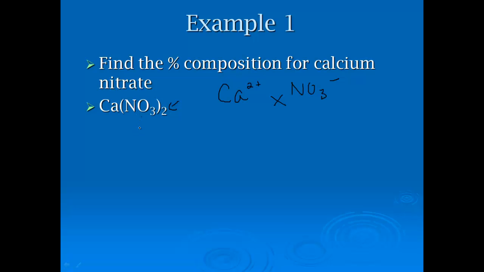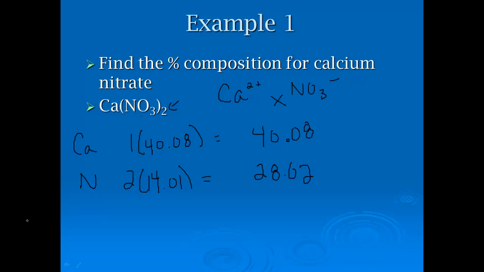Now, we've already done this. I'm going to do this a little bit differently and show a little bit more of my work, and you're going to see why. So for calcium, there's one of them for a total of 40.08. Okay, for the nitrogens, remember we have to distribute, so we're going to have two nitrogens, find it on the periodic table, 14.01, which is going to be 28.02.